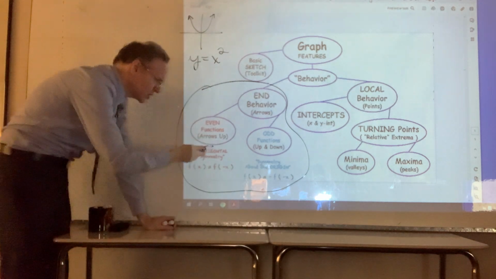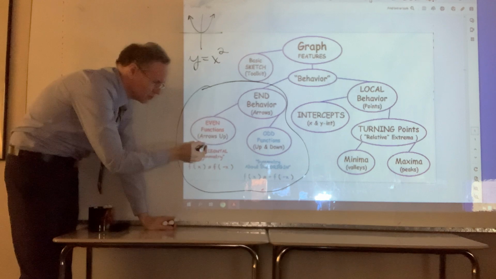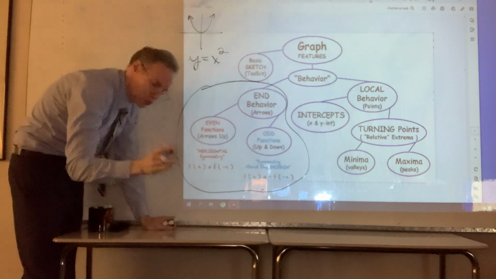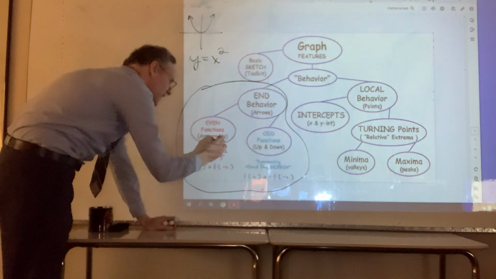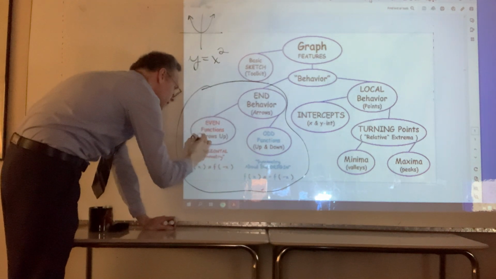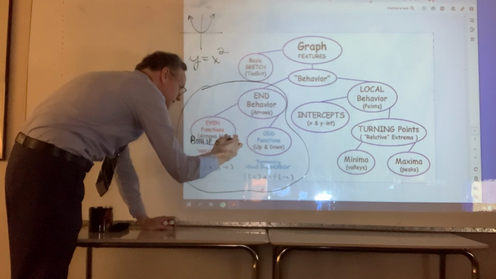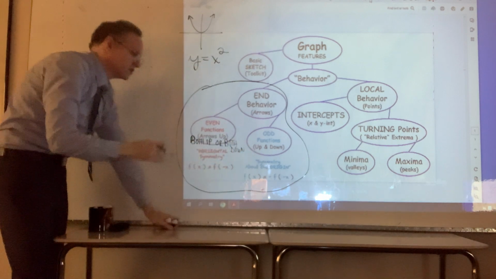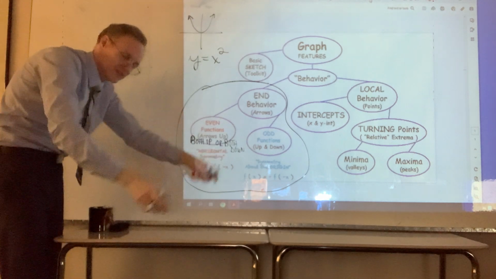I sort of jumped the gun a little bit. I said even functions have arrows up, and it's true, but I should be more specific. What I want you to do, if you're following along, is annotate one little thing. I should say arrows both up or both down, like this together or like this together. It really depends on whether there's a sign up in the front.